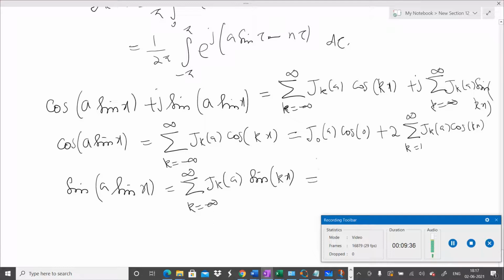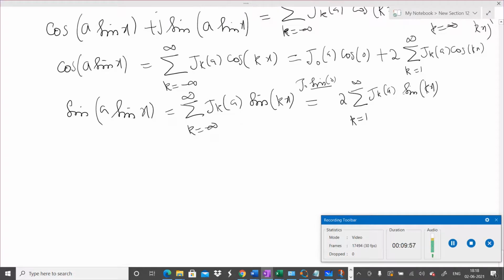Whereas in the sine series, the J_0 term has sine 0, which is 0, so it will only have the terms k equal to 1 to infinity, J_k(a) sine of kx.